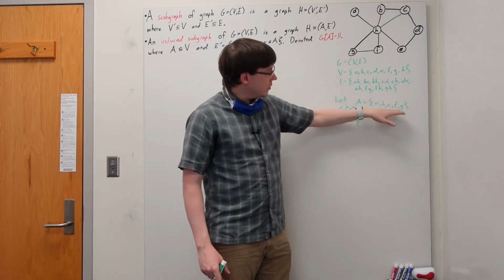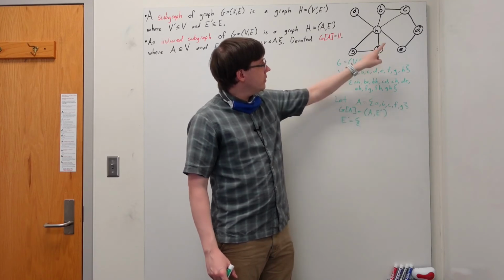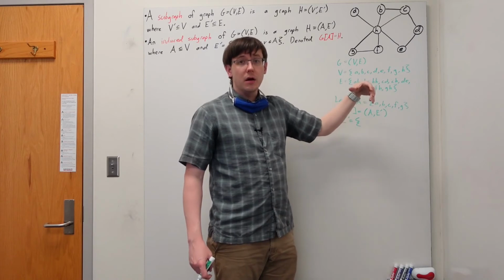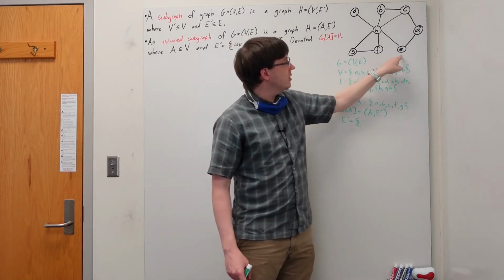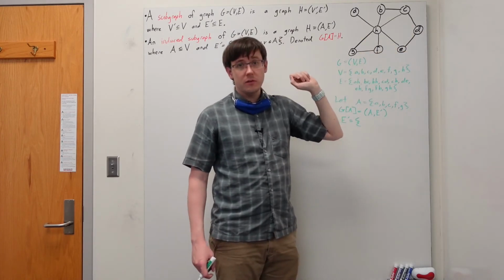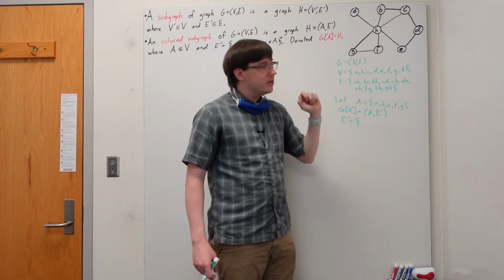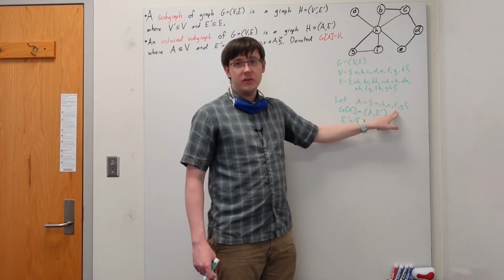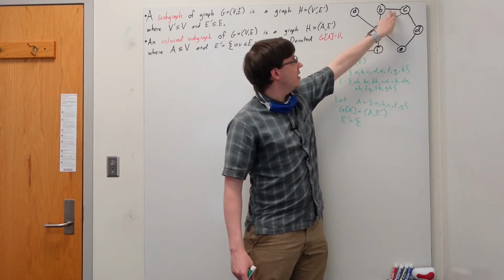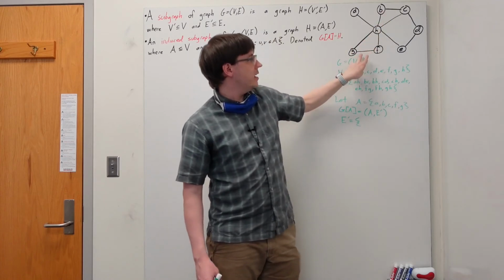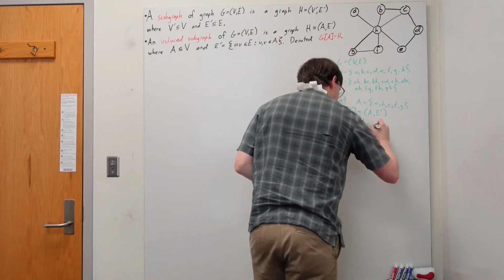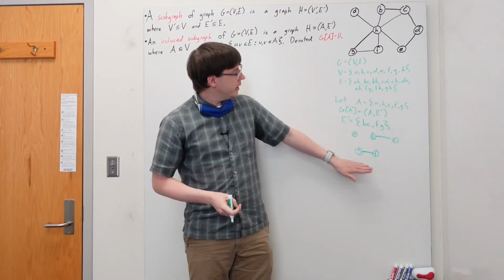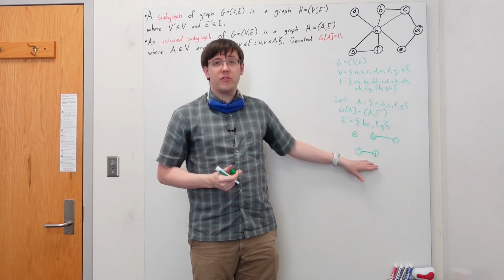And so in our subset of the vertices, we've deleted D, E, and H. So we have to throw away all of the edges that are incident to any of those vertices, and we keep all of the edges that are between two things in A, but that, in this case, is just the edge between B and C and the edge between F and G. And so this is our induced subgraph.